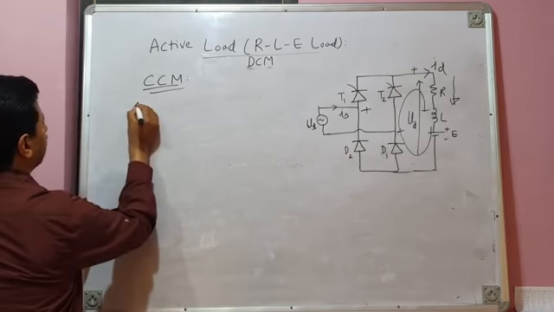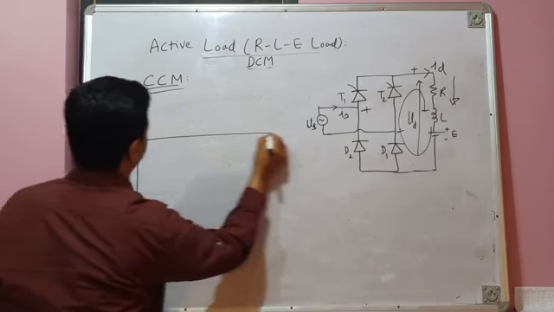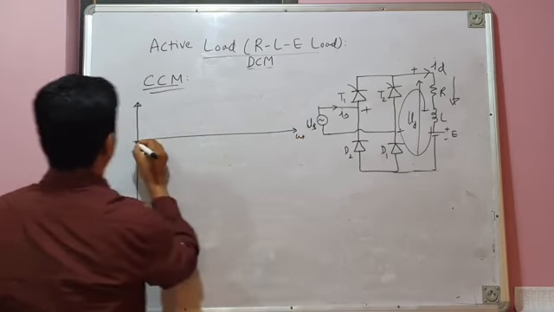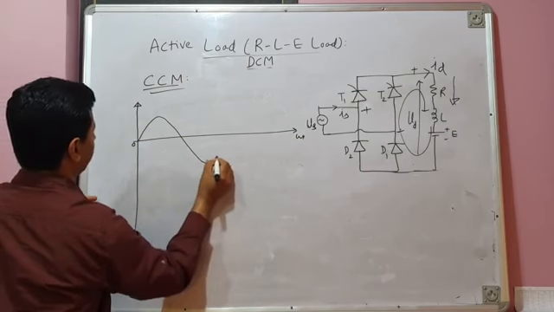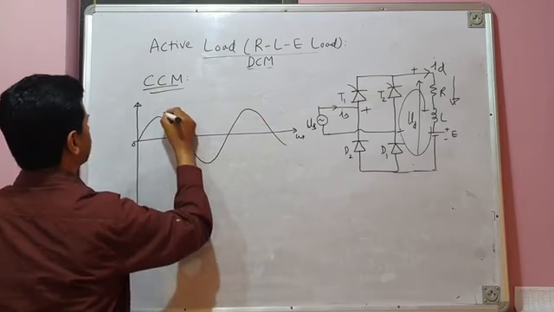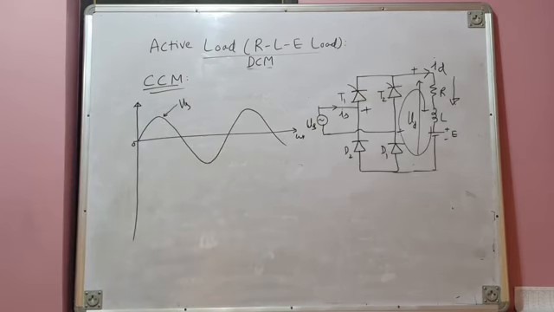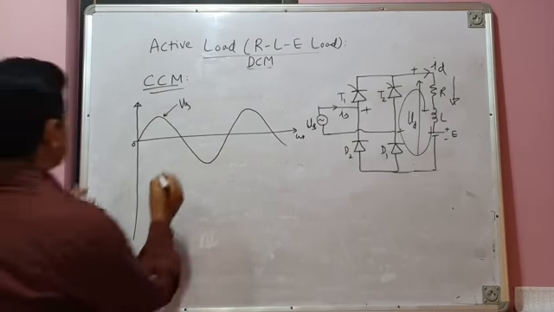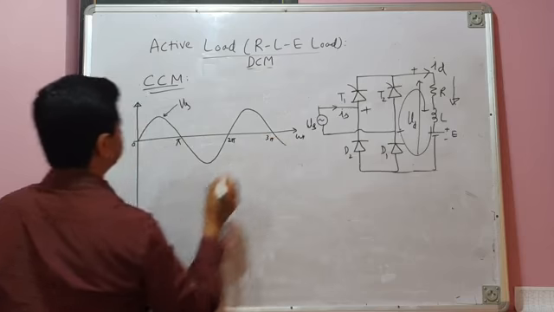So it will be clear to us again with the help of waveforms. Now, first of all, I will draw the load voltage and source voltage waveform. So this is my source voltage waveform Vs. These are the zero crossings, pi, 2 pi, 3 pi, and so on.